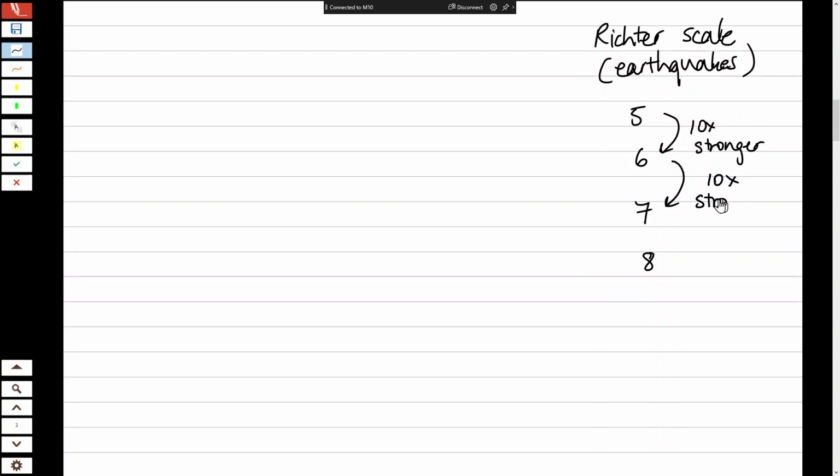So even though the number 7 is 2 larger than 5, it's actually 100 times stronger. Does that make sense? So you're timesing by 10 twice. So the Richter scale is an example of a logarithmic scale. Is that like a magnitude? Yes, we're actually going to use that word later.